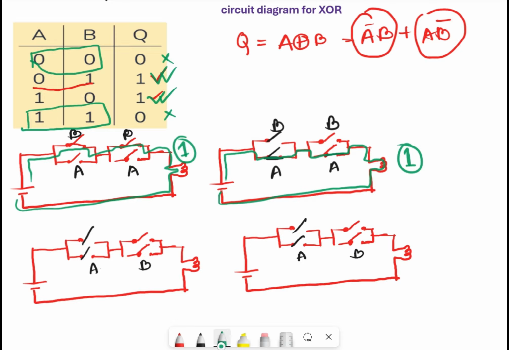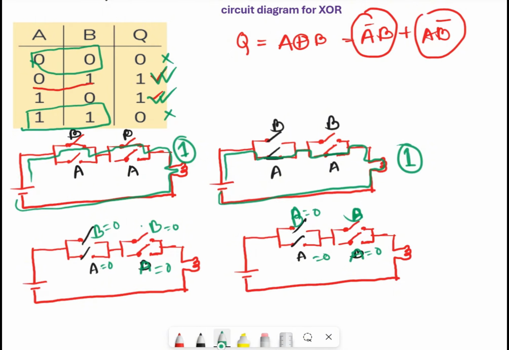Now it's time to have A open. It means A 0 and B 0. So B 0 and A 0, it means both are open. Same here. So this will be A actually, and this also will be A, because both are A at the bottom.